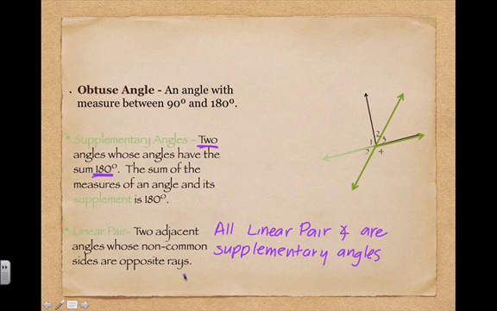And remember, opposite rays form a straight line. So all linear pair angles are going to be supplementary because they form a straight angle, and therefore by definition their sum is 180 degrees.